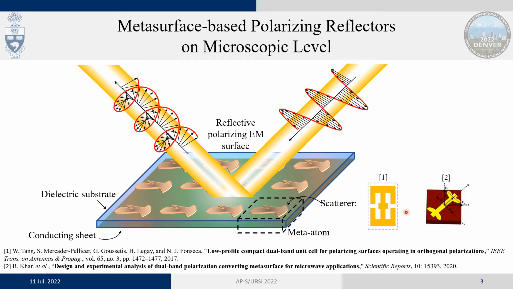They're both asymmetric based on the coordinate system that is aligned with the features of these scatterers. Example 1 works when it is excited with a 45-degree slanted linear polarization, whereas the second example would work for horizontally and vertically aligned linear polarization.